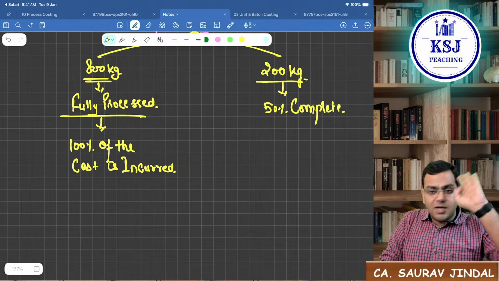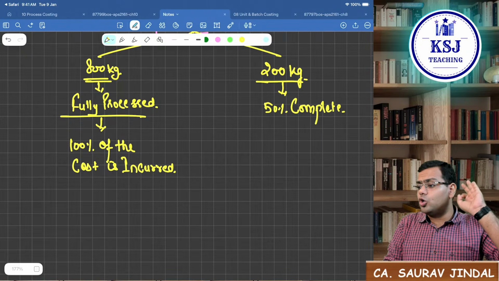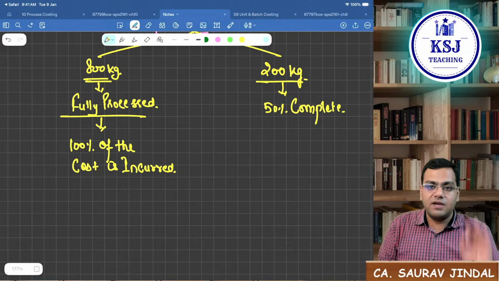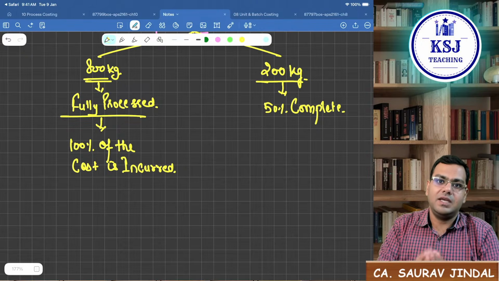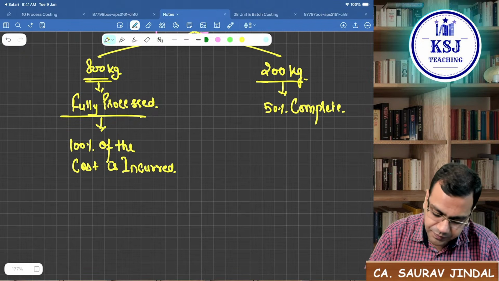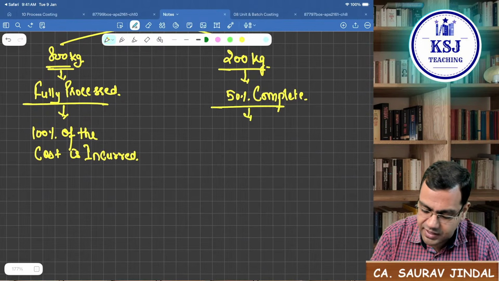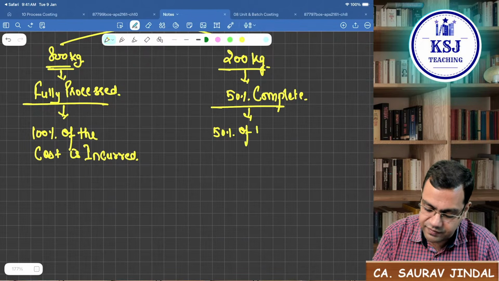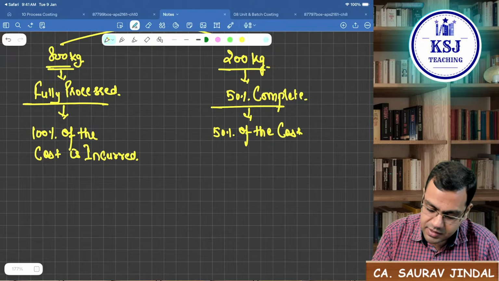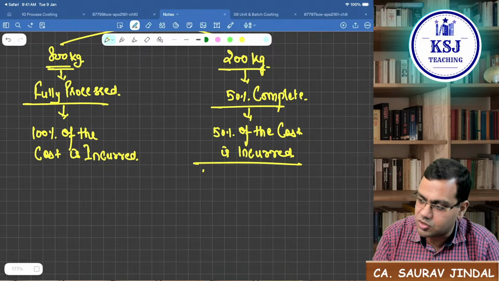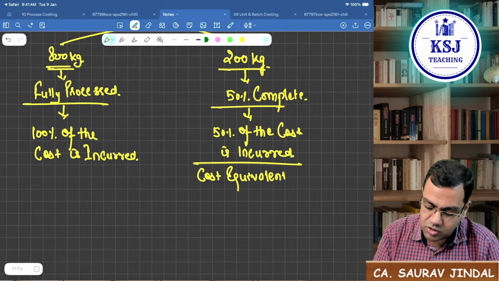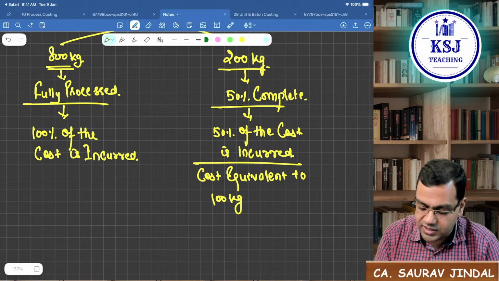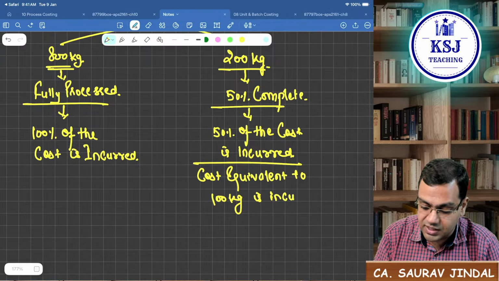So this 50% complete means that 50% of the cost is incurred, or what we can say is that cost equivalent to 100 kg is incurred.